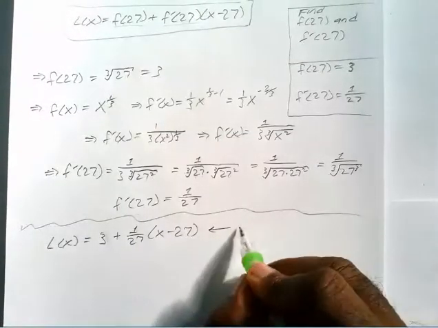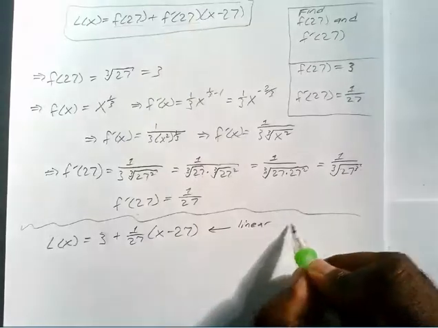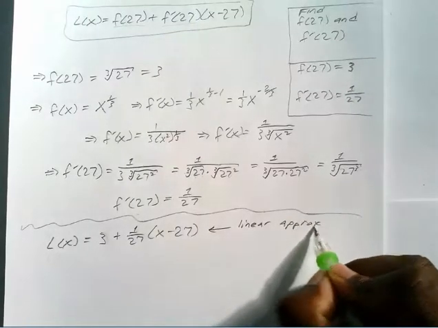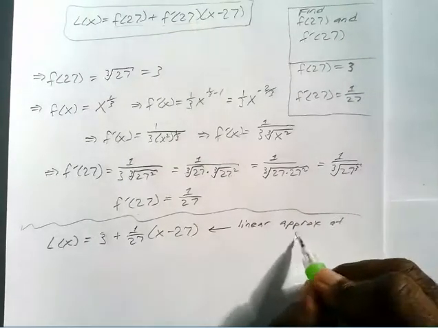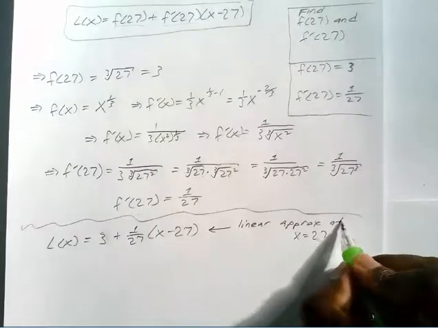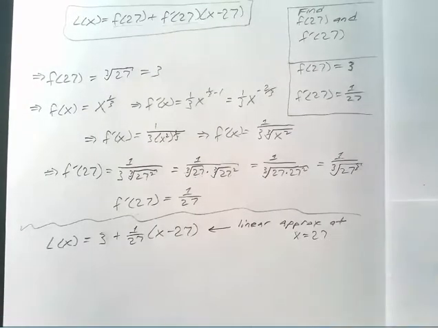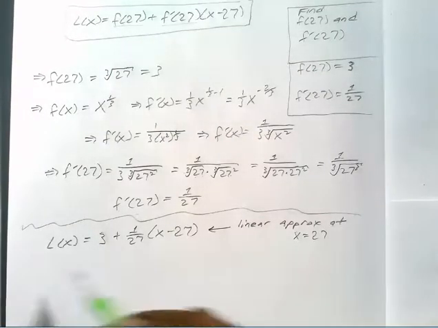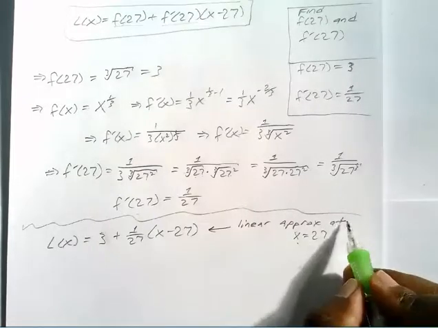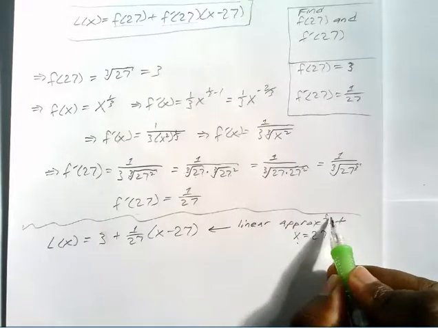Okay, so this is our linear approximation at x equals 27.